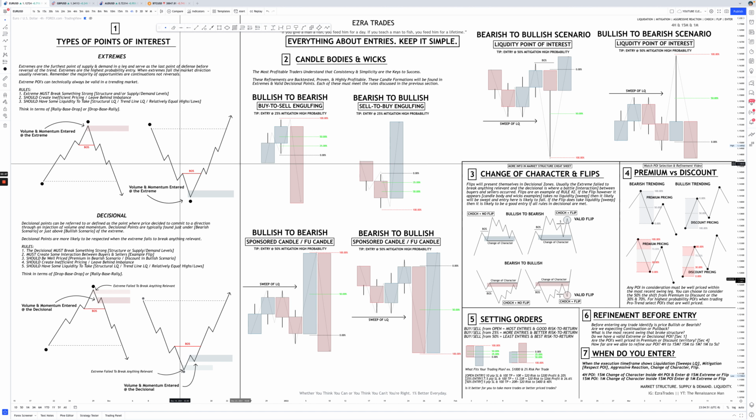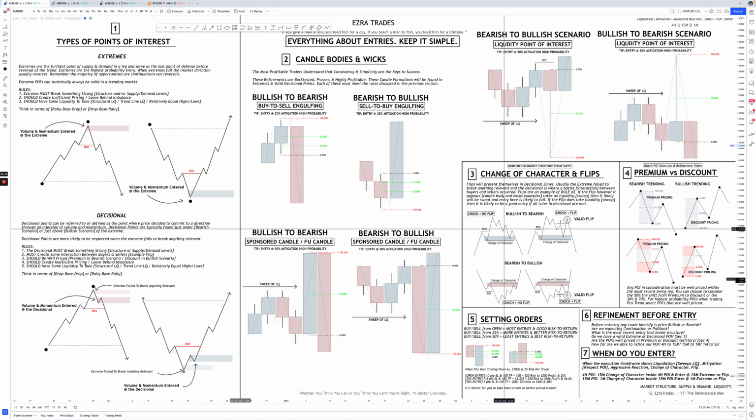Now, refinement before entry. At this point, you've already figured out, is it a valid extreme or valid decisional? What does it look like when we refine it? It looks like one of these. Where am I entering from, right? Am I getting in at an entry based on a risk entry of that point of interest, or am I dropping down to my execution time frame that's lower than the point of interest time frame?